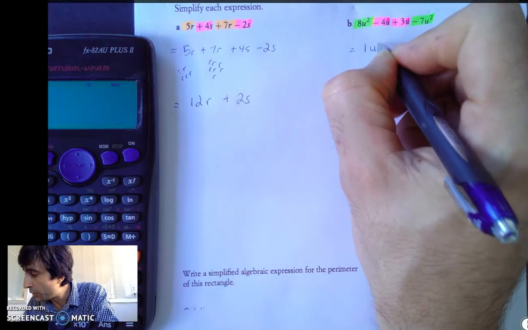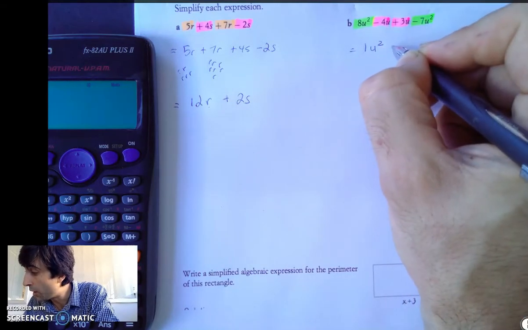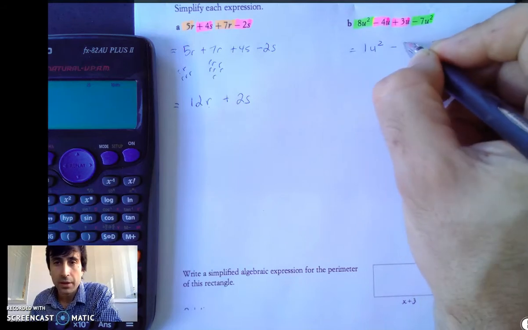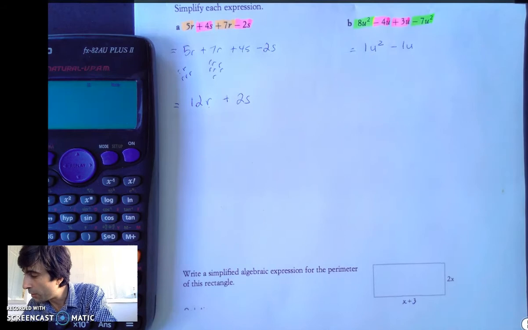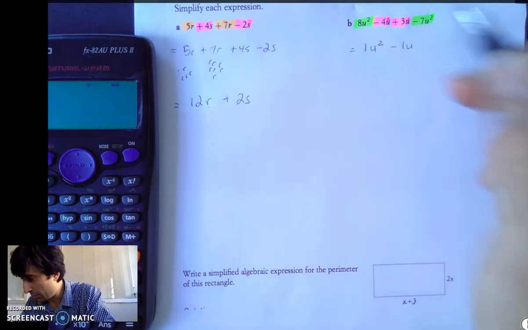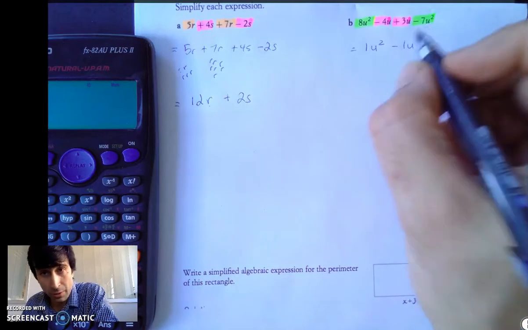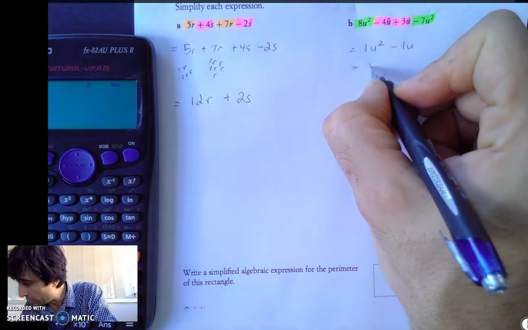And minus 4u plus 3u is minus 1u. We've got minus 4u's plus 3u's. We added together, we've only got minus 1u left. Now we don't need to include the 1 there. So I'm just going to write u squared minus u.